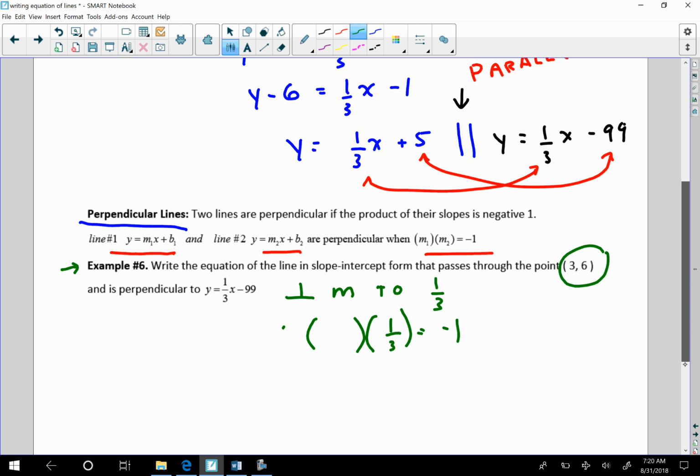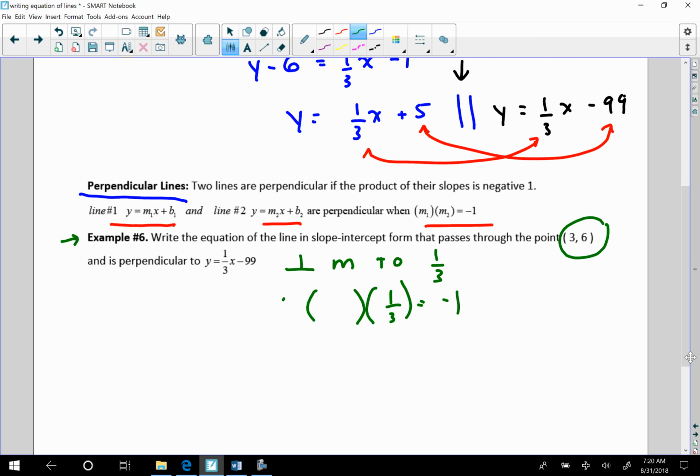With a little bit of investigation, I think we can see that that number is going to have to be negative. If my product becomes negative, I'm going to have to start with a negative. And what times 1/3 is 1? That's going to be 3. This is just a negative reciprocal of 1/3.